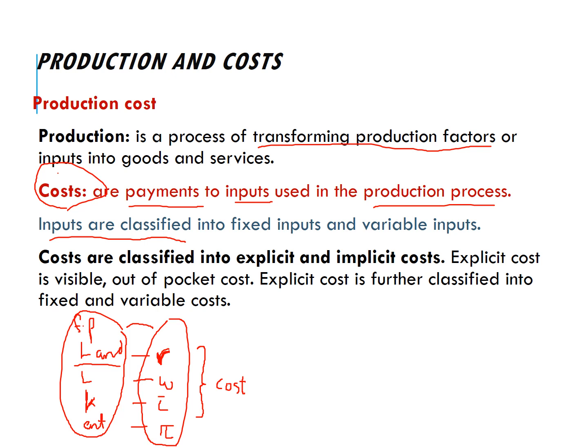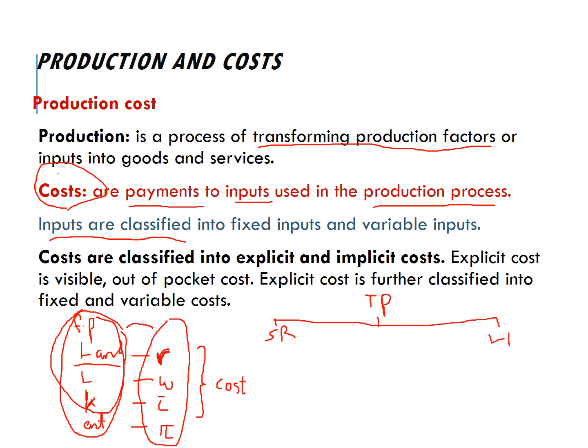And then this input or resources here, you can classify into fixed input and variable input. So for the time period, you can divide by 2: time period in the short run, and time period in the long run.